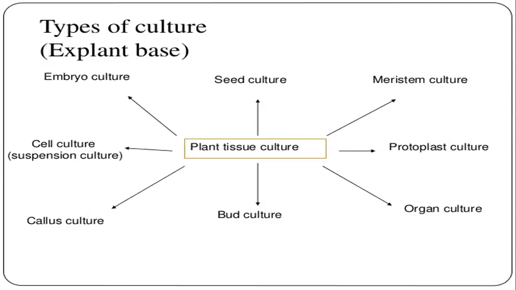In case of banana, we use the internal part of the suckers as the explant. In case of sugarcane, we use the upper or deeper portion of the plant, so in sugarcane this upper region is the explant.